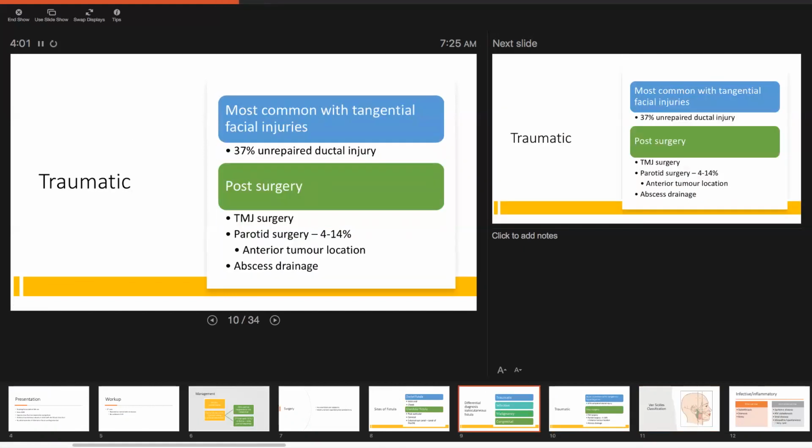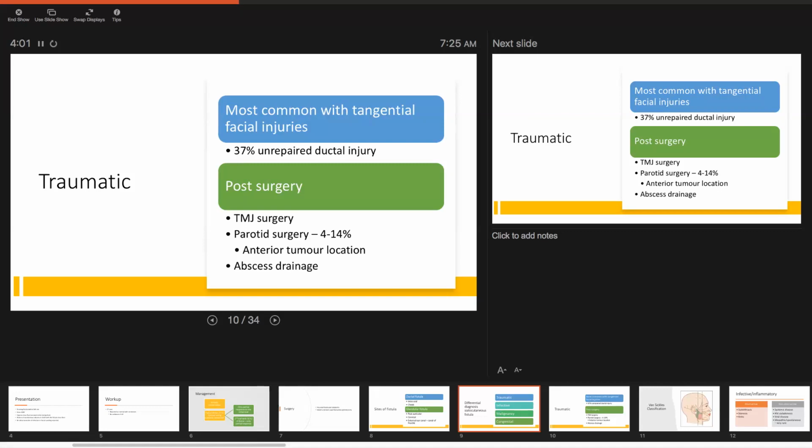So the traumatic fistulas, most common with tangential injuries, as I mentioned, and they report an incidence of up to 57% if the parotid duct is left unrepaired after injury. And then the second group is post-surgery. I think the most common is after temporomandibular joint surgeries as a complication, and then can happen after parotid surgeries as well. About 4 to 14% incidence reported in the literature.